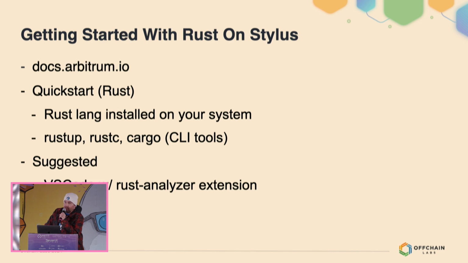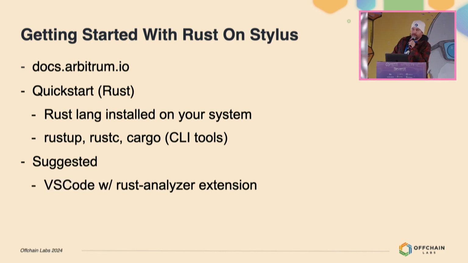I'm just going to briefly go over what some of the prereqs are if you want to develop on Stylus. You can look all this up on docs.arbitrum.io to review and go through a little more slowly than this 20-minute presentation. So it's a little hard to keep up, but I'm going to go through it pretty quick.